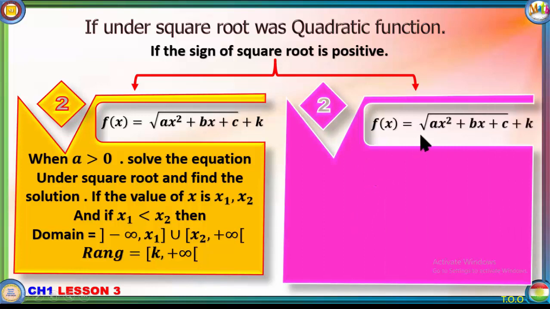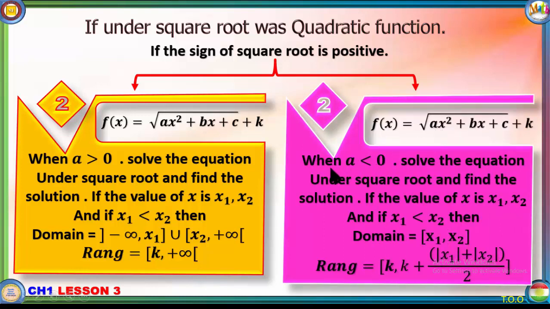But if the leading coefficient is negative, when a is less than 0, solve the equation ax squared plus bx plus c equal to 0 and find the value of x.